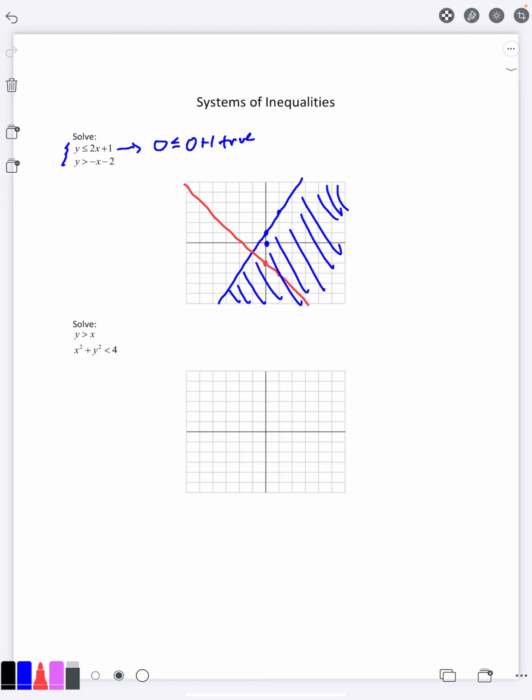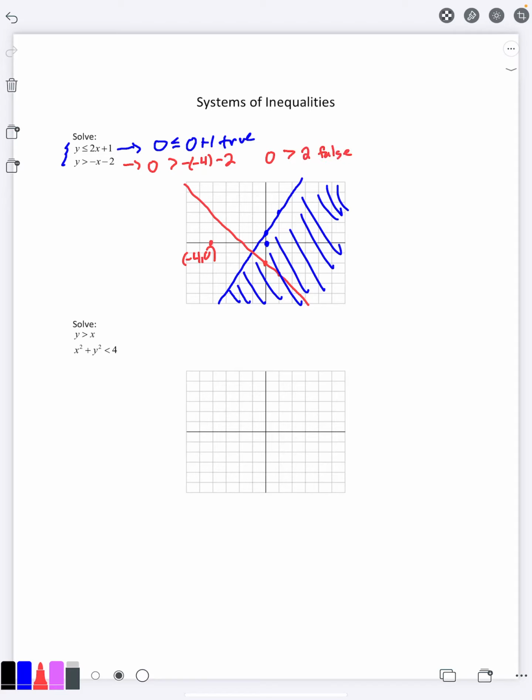Next, we need to take another point and try for the red line. Now you can use 0, 0 again, but I want to show you what happens when things don't work out so nice, so I'm going to pick a different point. I'm going to pick -4, 0. So that means I plug in y of 0 and an x of -4. And this would end up reading 0 is greater than 2, which is a false statement.